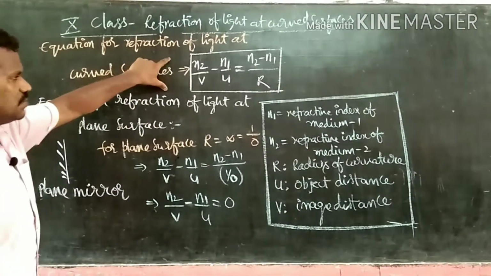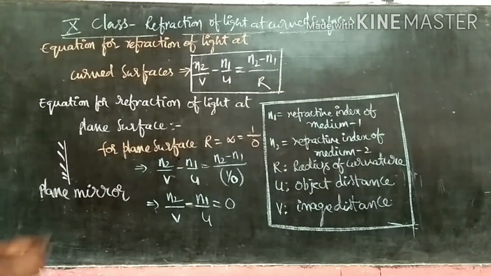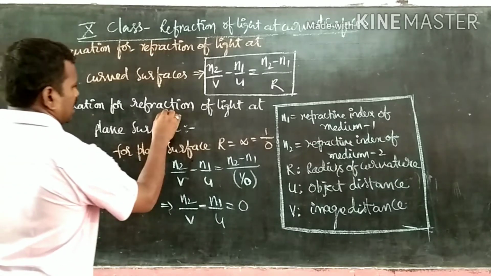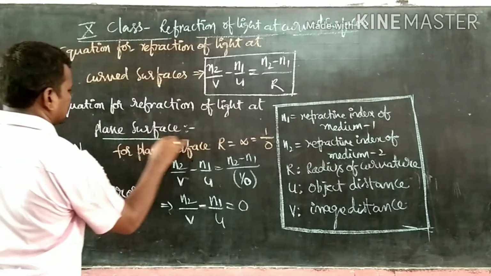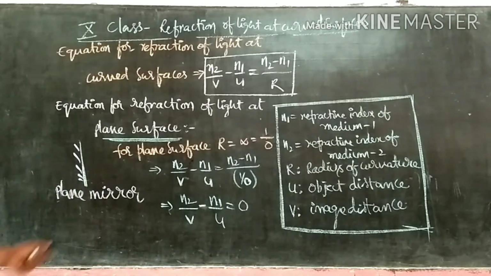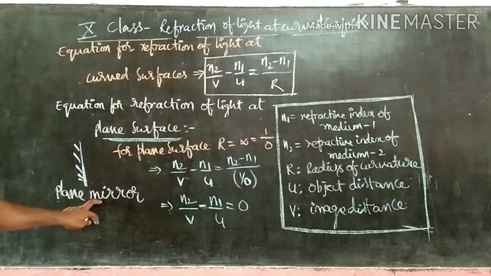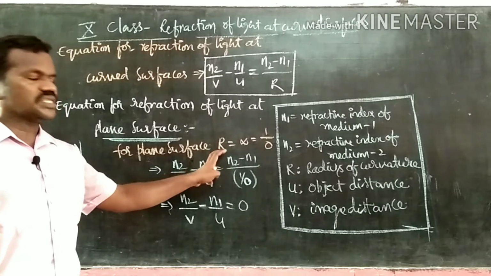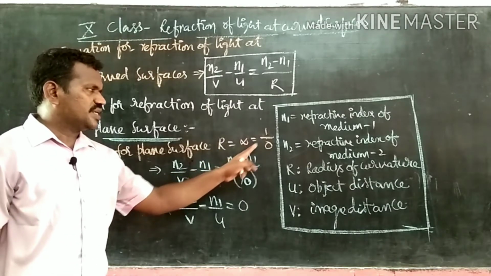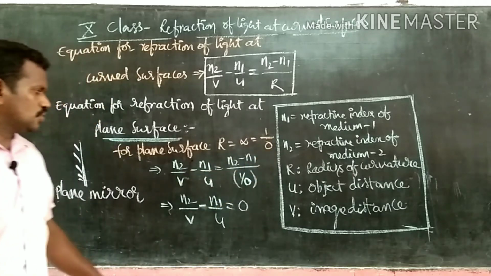Now apply the same condition in the case of a plane surface. This means the equation of refraction of light at a plane surface. A plane surface looks like a plane mirror, or otherwise a straight one. For a plane surface, the very important thing is that the radius of curvature is infinity. You already know infinity can be written as 1 by 0.